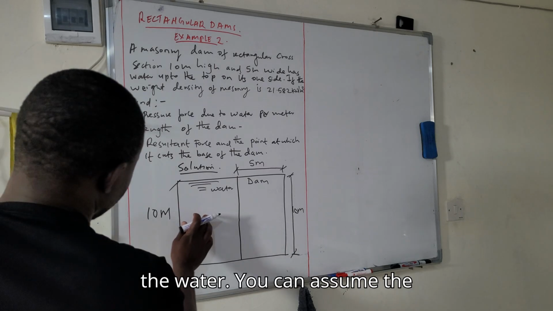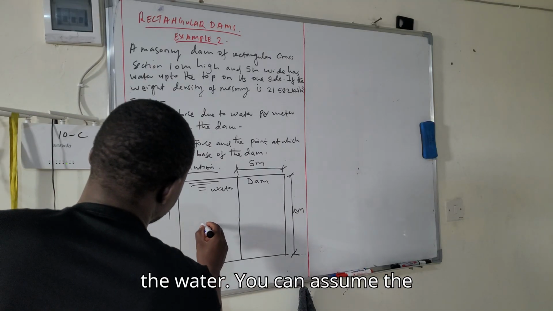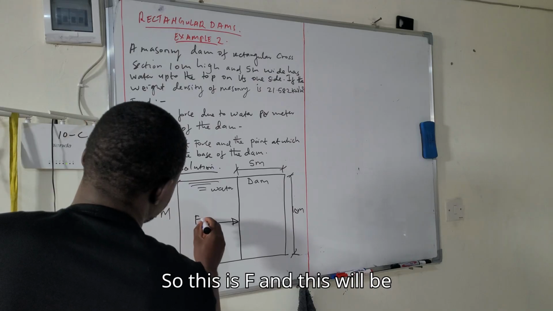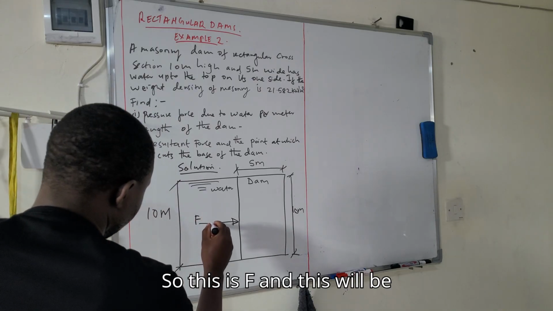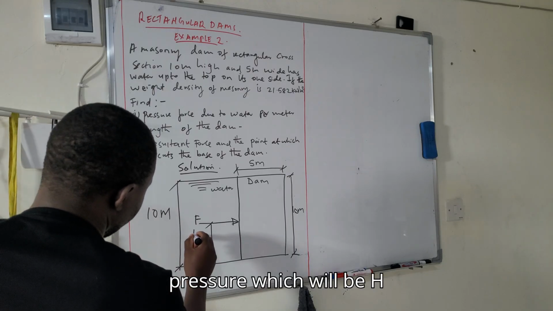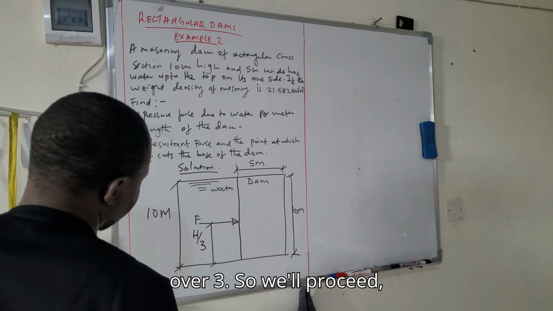So this is the water. You can assume the pressure force is acting at this point. So this is F. And this will be the center of pressure, which will be H over 3.